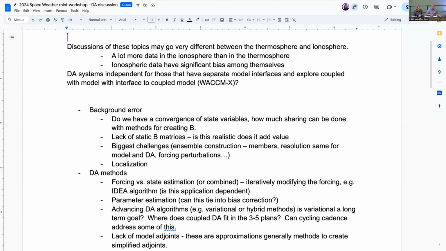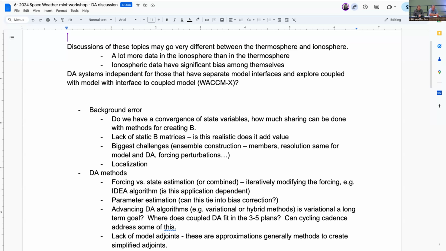That way, we will at some point try to cut off discussion on certain points. So first, why don't we skip the background error and skip to DA methods and discuss that first, because Eric was just talking about this. So we'll discuss the second bullet here.